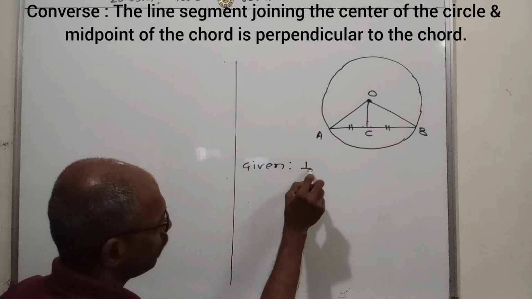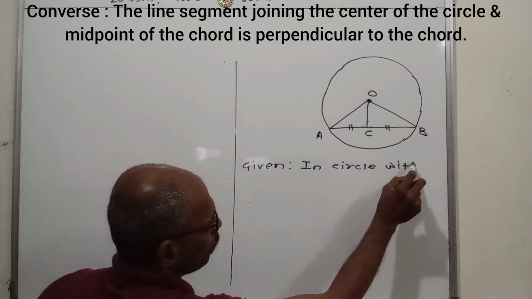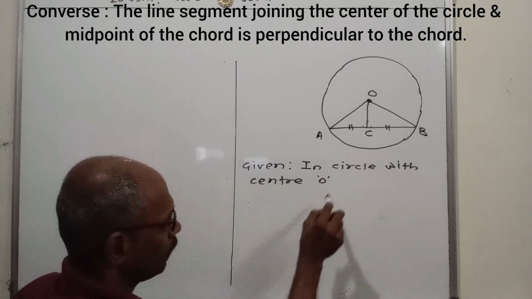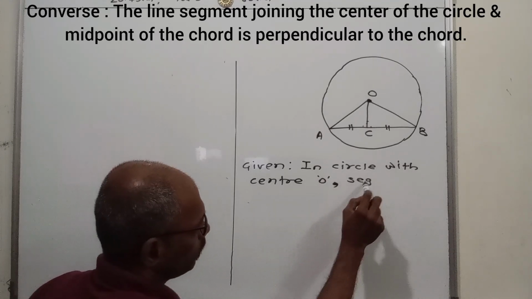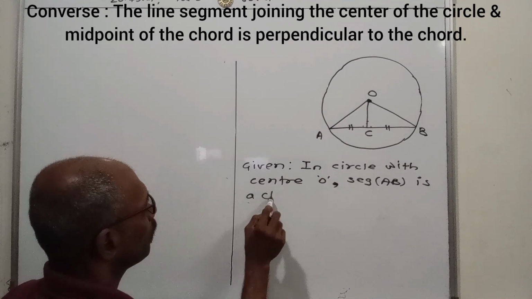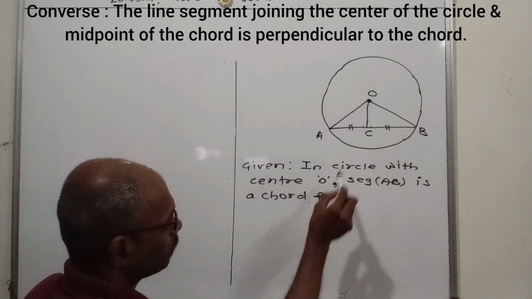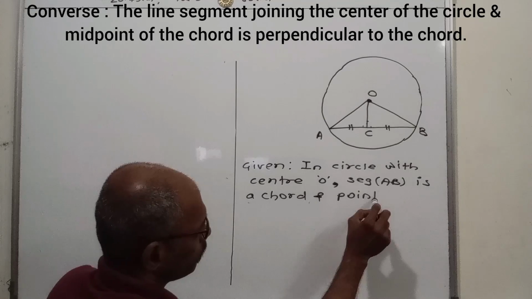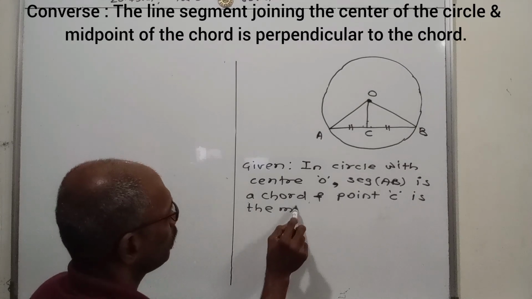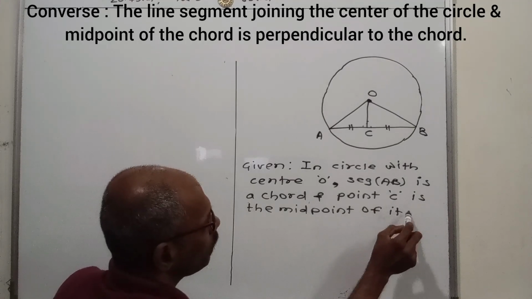Now see this. Given: in a circle with center O, segment AB is a chord and point C is the midpoint of it.